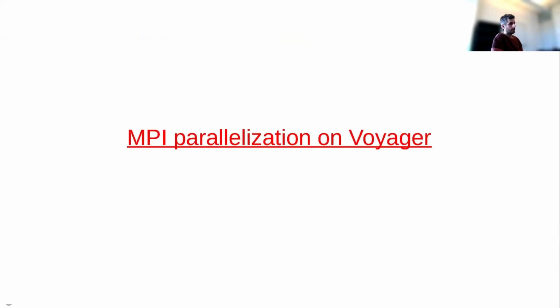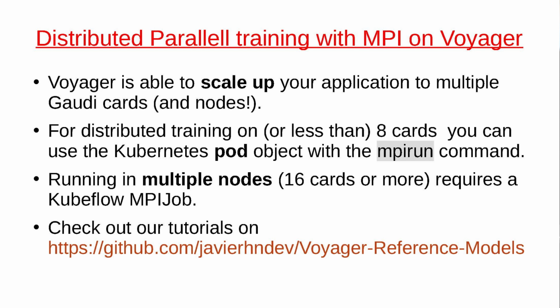All right. Let's talk a bit about parallelization. I didn't want to, because we are restricted to 1 hour. I don't have too much time, so I just have one slide for this. But you can run a parallel job in Voyager. You can use MPI.